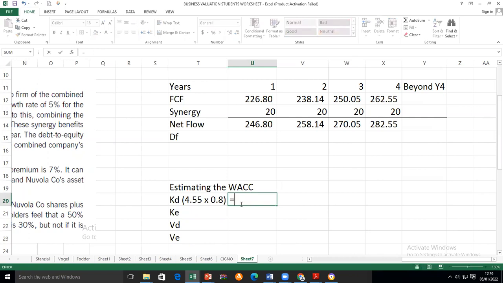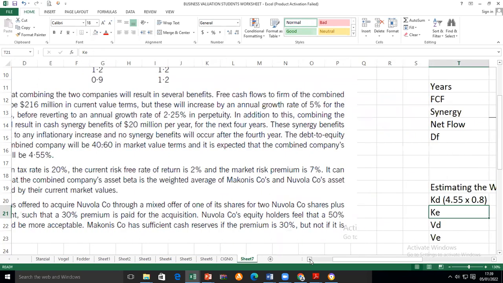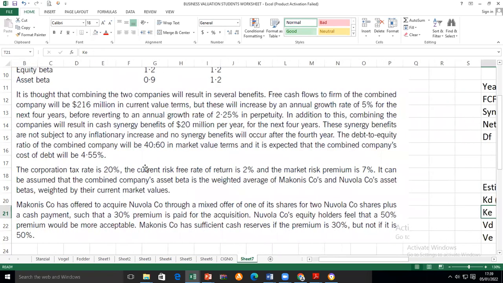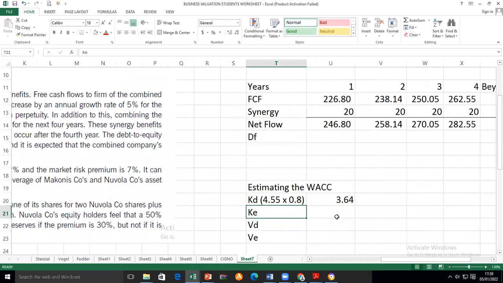So we go. Cost of equity. Value of debt. Combined company, the debt to equity is 40/60. So equity 60%, value of debt 40%.